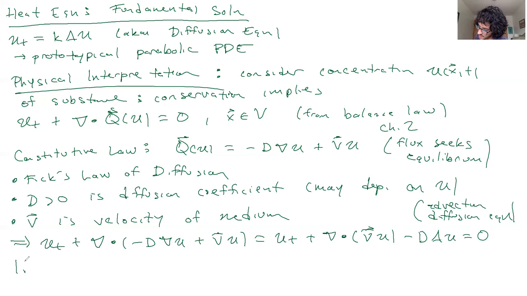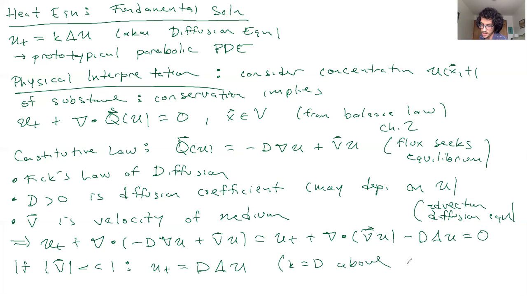But if v is very small, then we're just going to derive the diffusion equation, and we took k equal to D above. And this is our diffusion/heat equation. So this is the physical motivation.